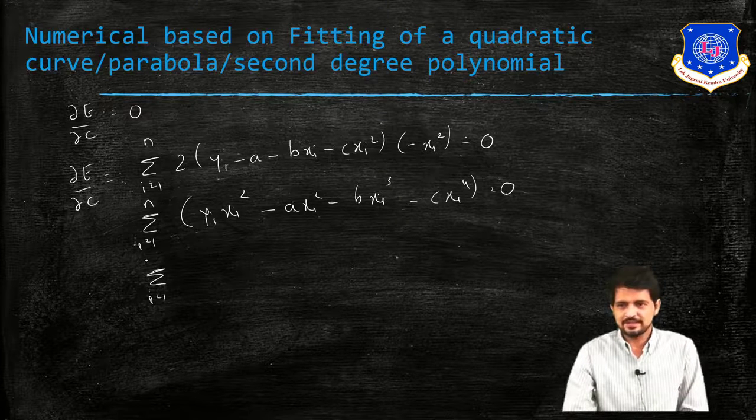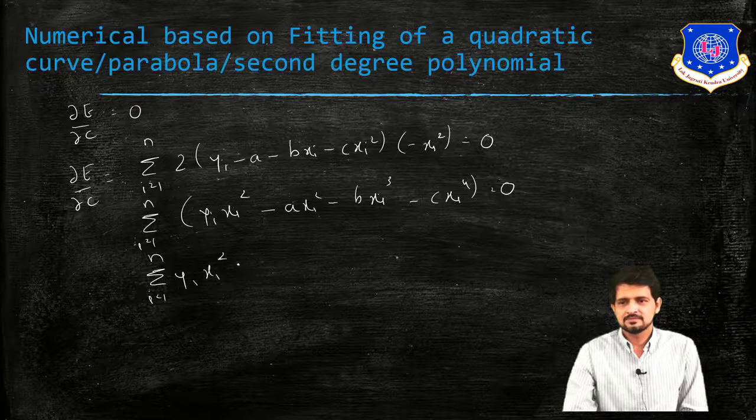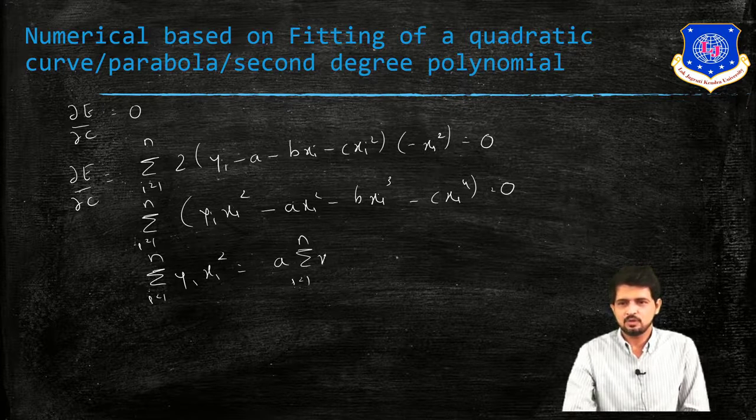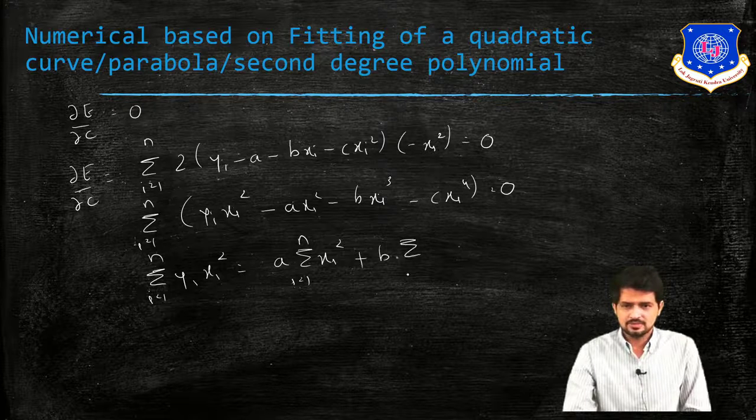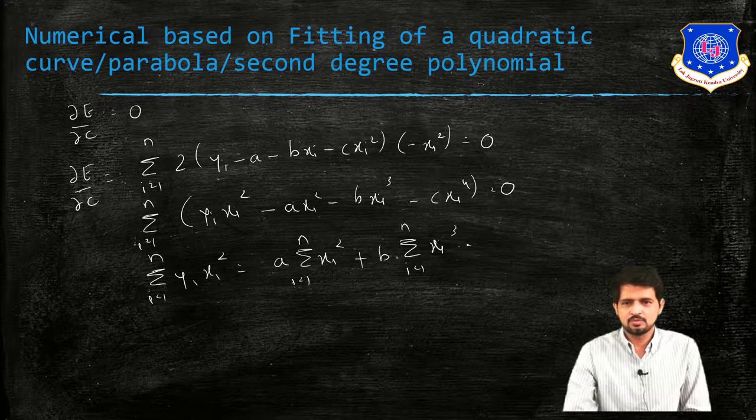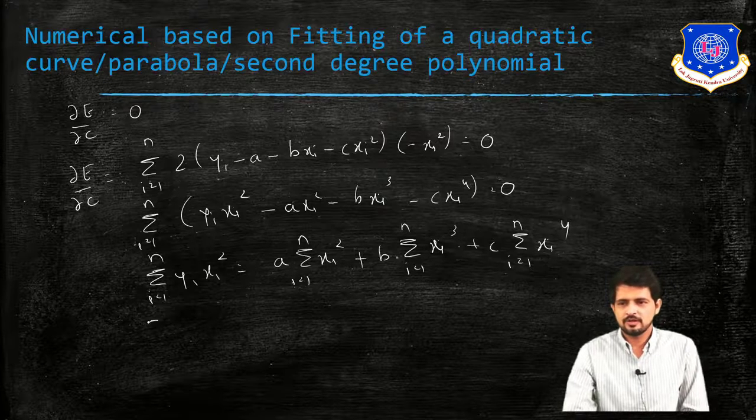Simplifying this, I can get sigma i from 1 to n yi into xi square is equal to a into sigma i from 1 to n xi square plus b into sigma i from 1 to n xi cube plus c into sigma i from 1 to n xi raised to 4.